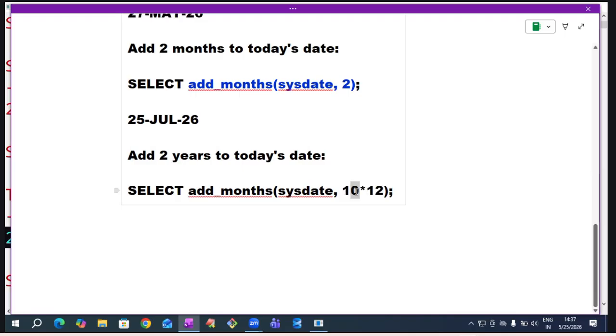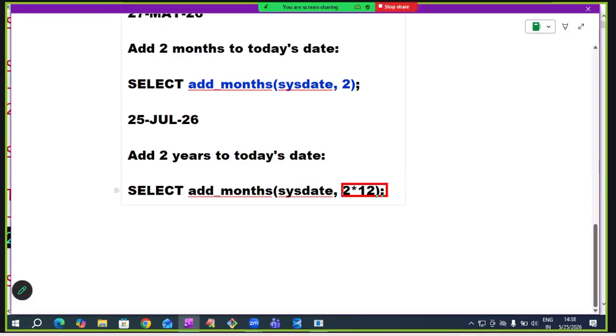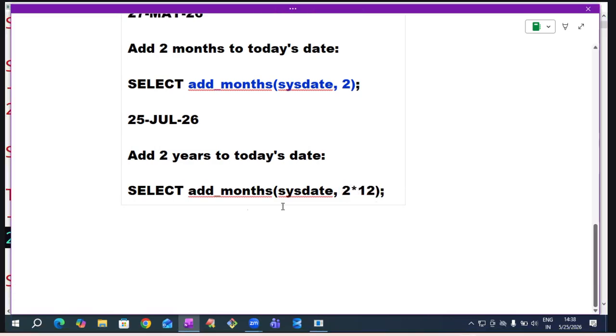If you want to add 17 years, 17 into 12. To add 58 years, 58 into 12. Like this. There is no add years function, add months only. So specify the number of months, how many months you want to add. So to add 2 years, I'm writing 2 into 12. So this is the way of adding years.